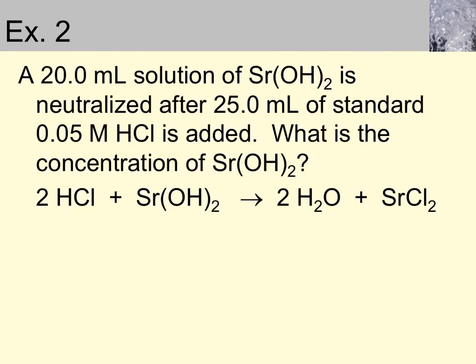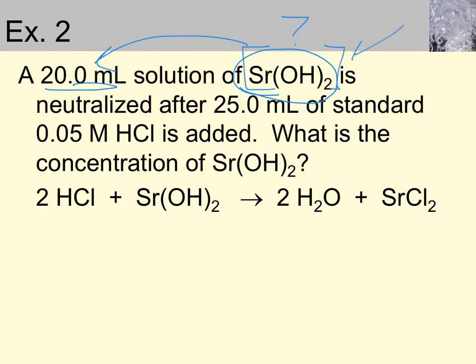Here's a problem that's a little step up because the little b is not going to be 1 anymore. So we have, in this case, a base that we know, strontium hydroxide, and we know how much of it we used. We carefully measured out 20 milliliters of it, but we don't know its concentration.